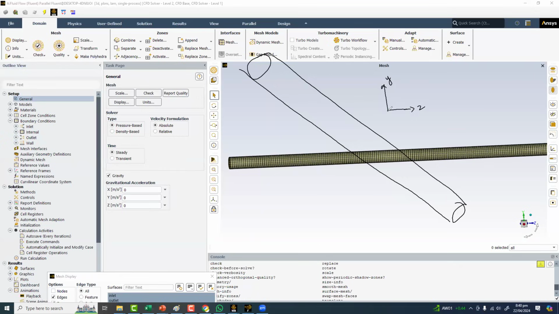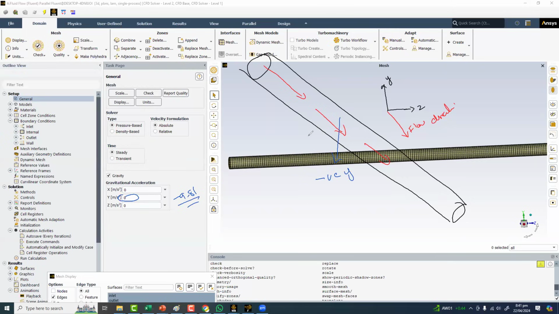So the flow right now is going in this direction, which is inclined to our definition of the local x and y axes. The flow will go in this way, but definitely this will be affected by the gravity. In that case, the gravity will be in the minus y direction, so you have to put the value here, minus 9.81. That's all.